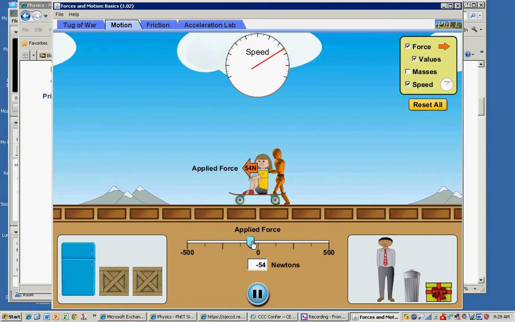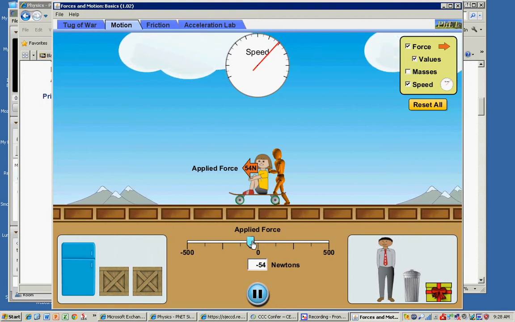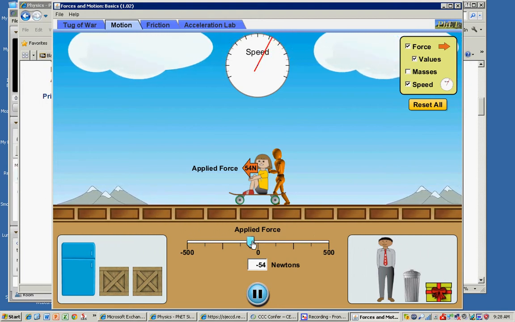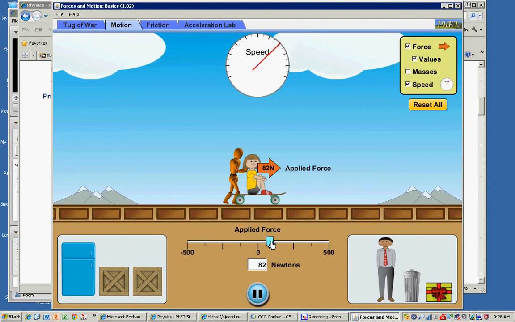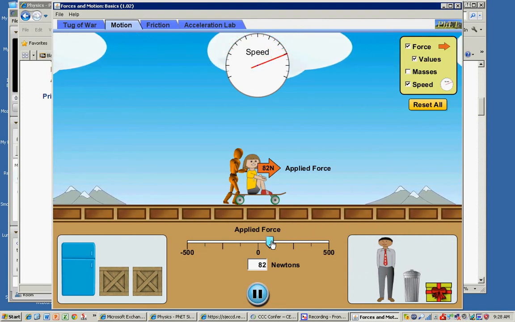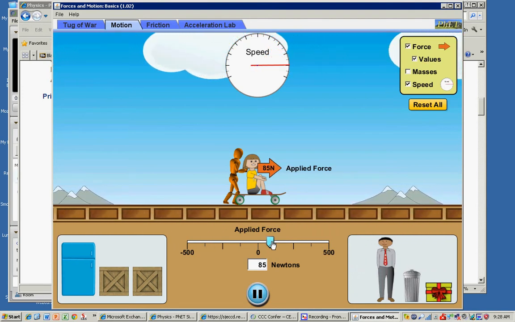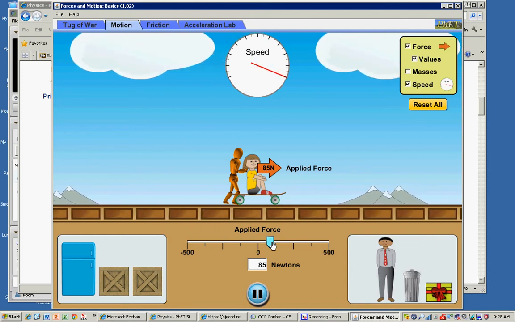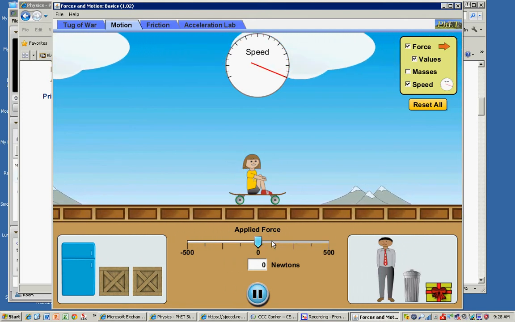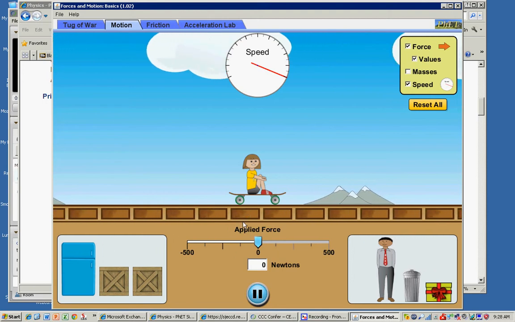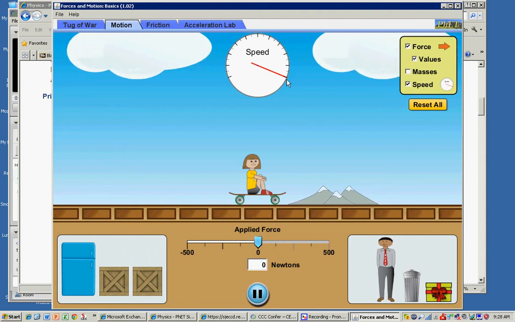Also explains what motion is. That's a slowing down process when the force applied is against the direction of motion. This is a speeding up process when the net force applied is in the direction of motion. Okay.